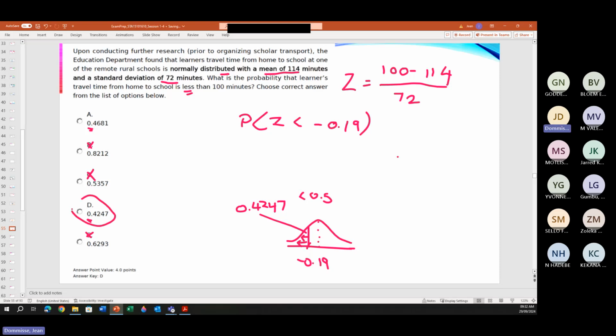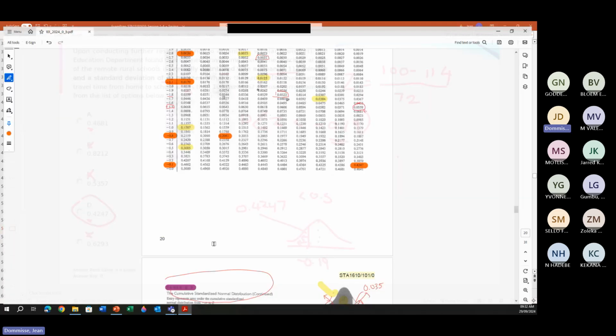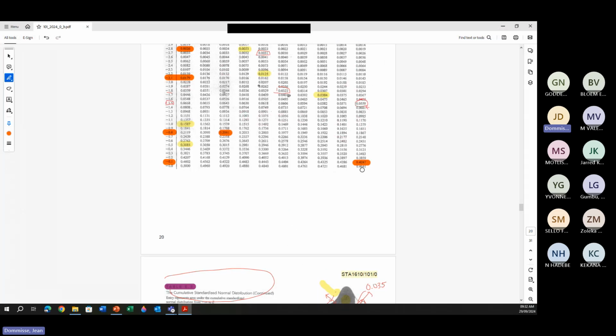Okay, there it is, so that was worked out correctly. 0.4247, and that again we got straight from the negative Z table, so we didn't need to do anything else. We got it from there.